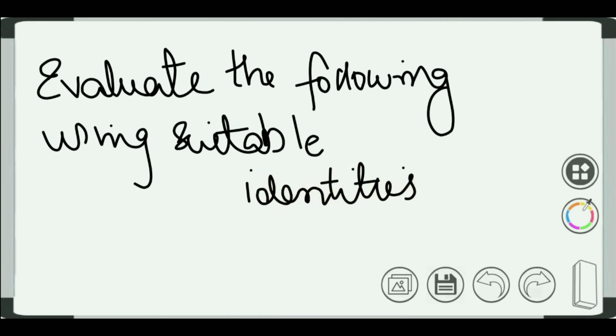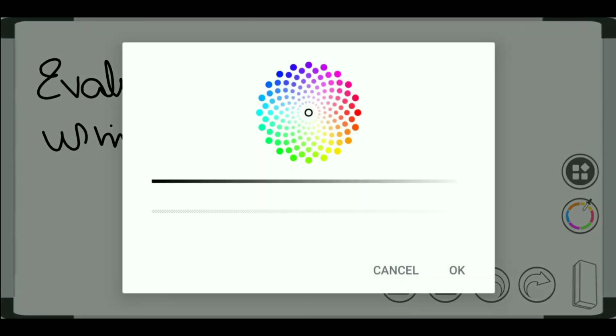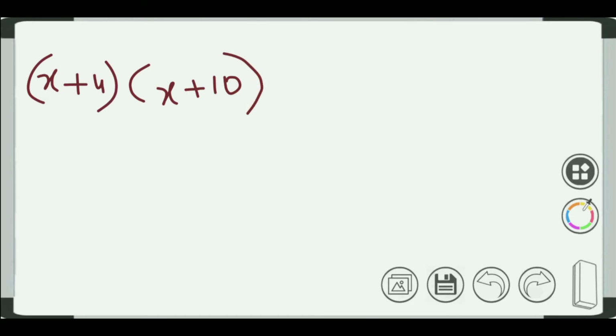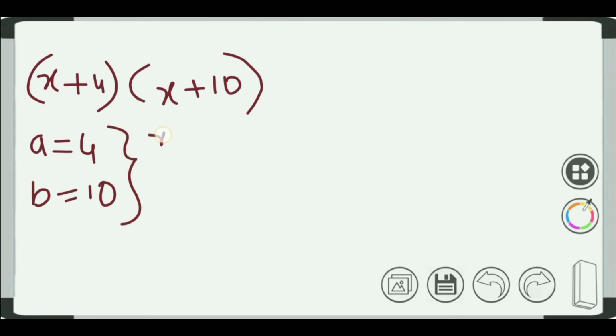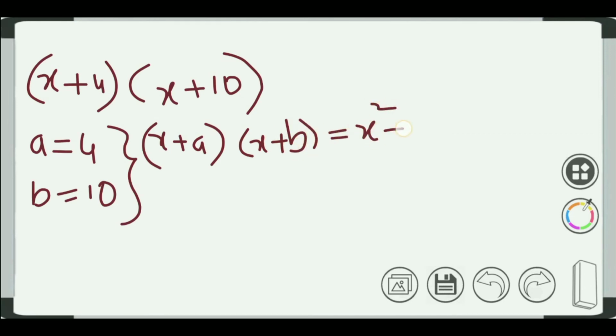Okay, like this question if you are getting, be careful, because if the question is like this, (x plus 4) into (x plus 10), you know this is in the form of which one? 4th identity, (x plus a) into (x plus b) equal to x square plus (a plus b) of x plus ab.